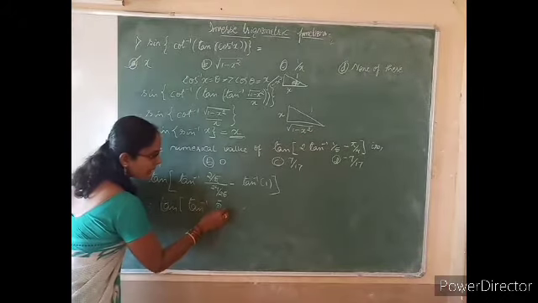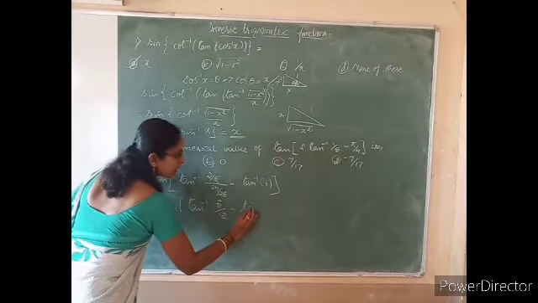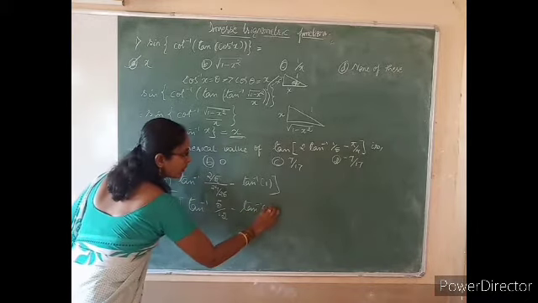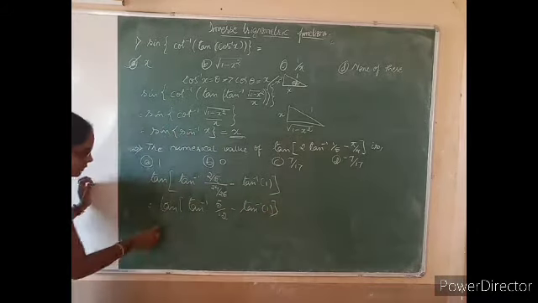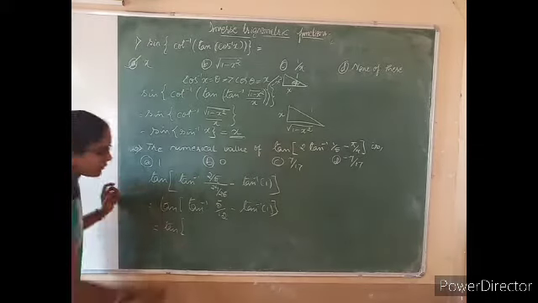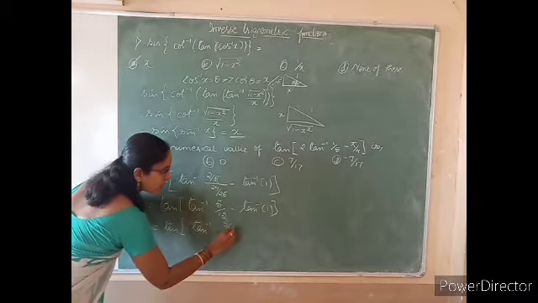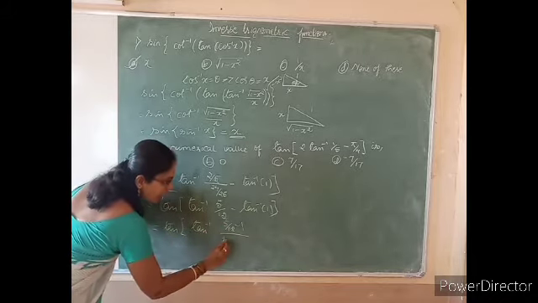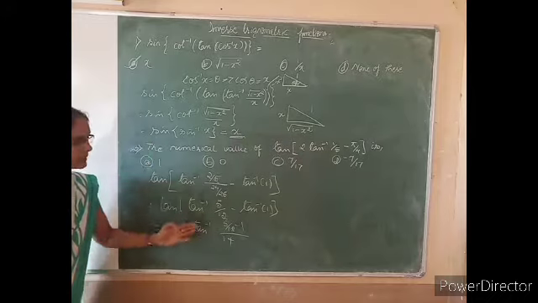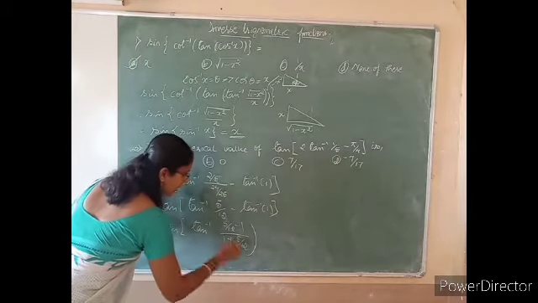This becomes 5 divided by 12, minus tan inverse of 1. So tan inverse of x minus tan inverse of y is tan inverse of x minus y divided by 1 plus x into y, that is 5 by 12 minus 1 divided by 1 plus 5 by 12.